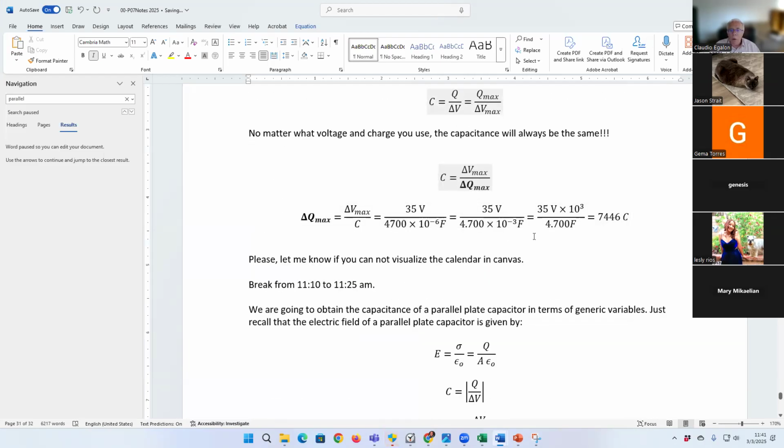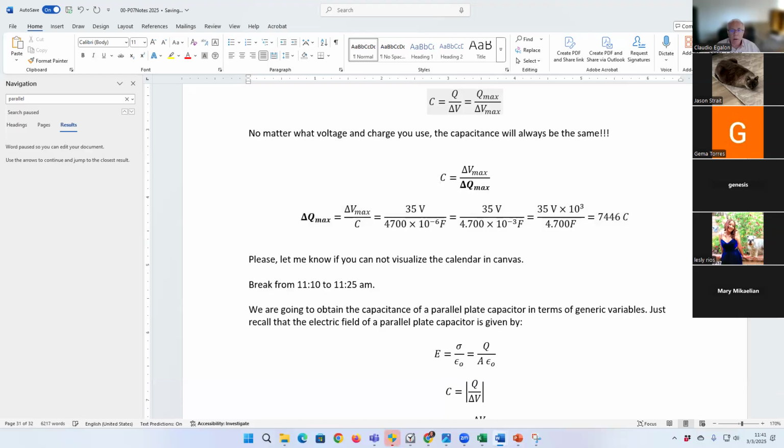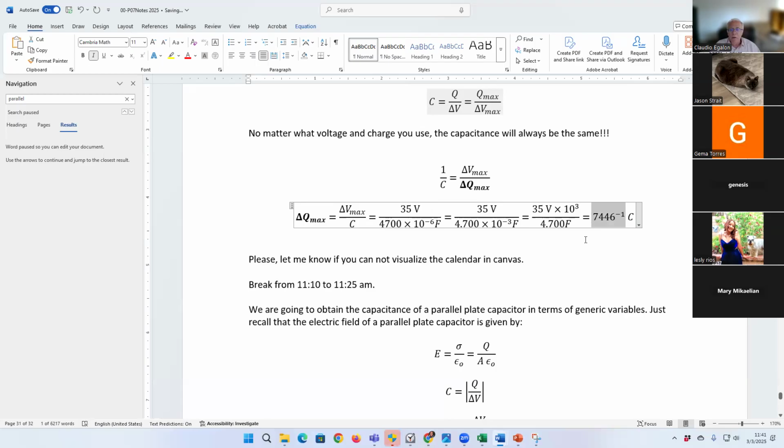And now we have to undo this calculation, right? This one is supposed to be 1 over C, here you go. It's easier for me to do 1 over C than to fix the other one. And then this thing's supposed to be -1 here. And then you do the math to figure out what's going to be the charge. Okay.